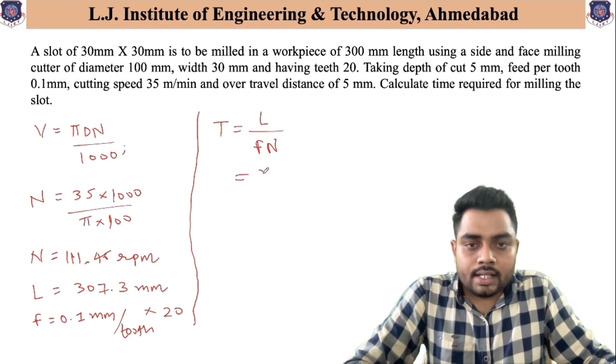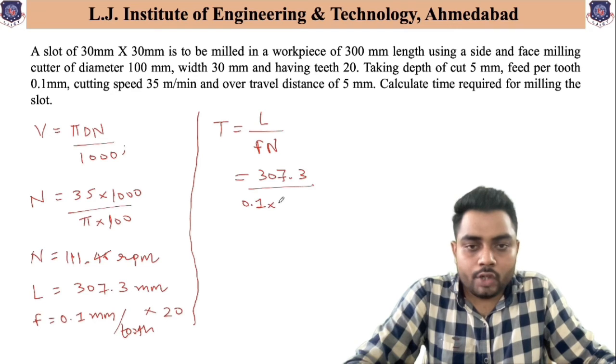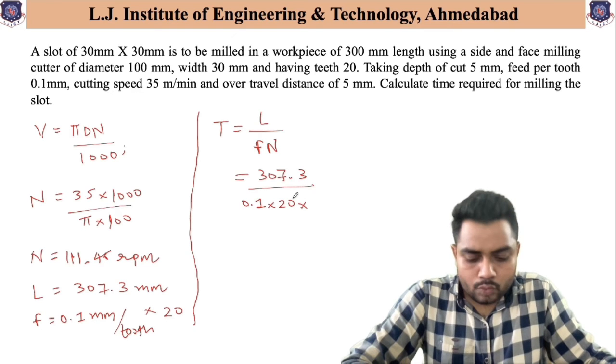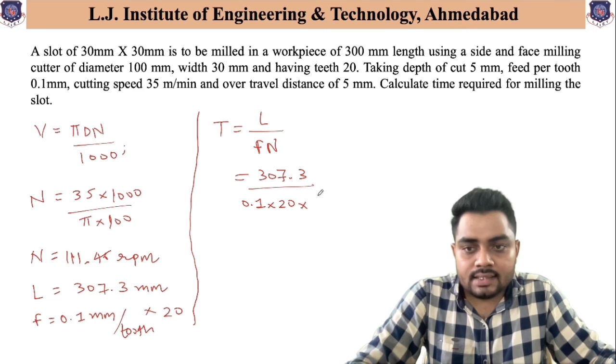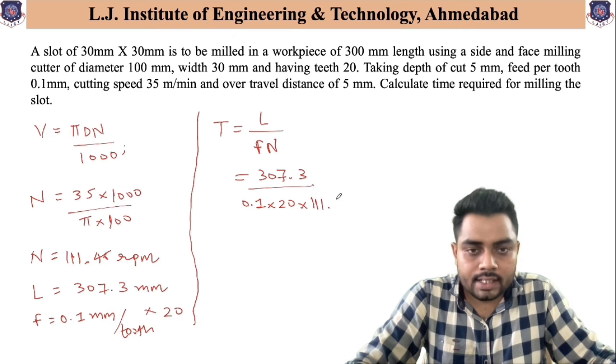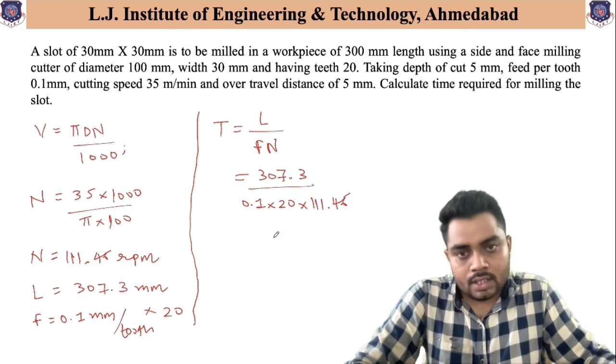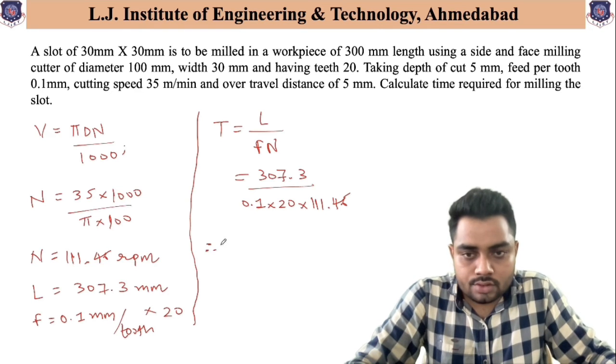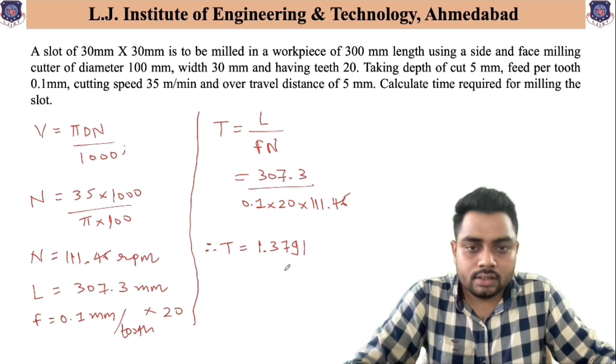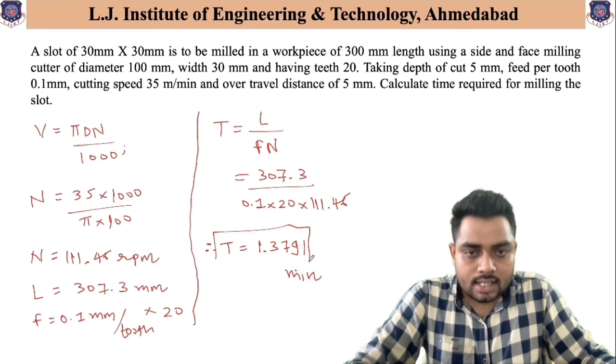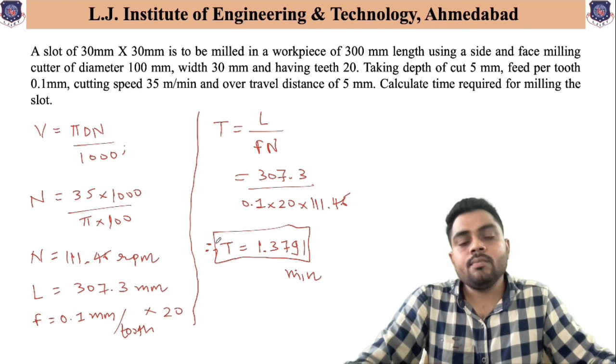So L is 307.3 divided by feed, 0.1 into 20, and the N we obtained, 111.46. After solving these values, we find the machining time required, that is 1.3791 minutes. So this is how we find the machining time required.